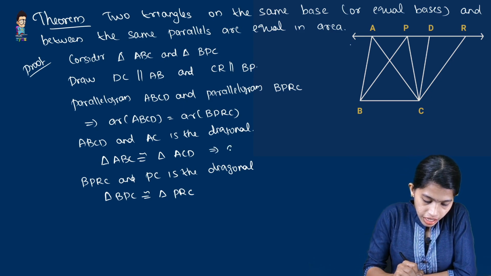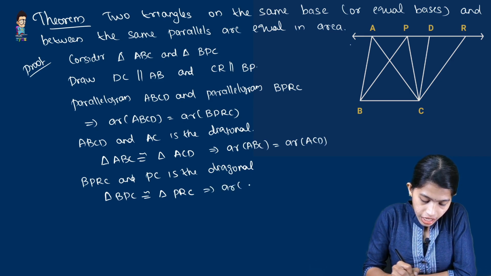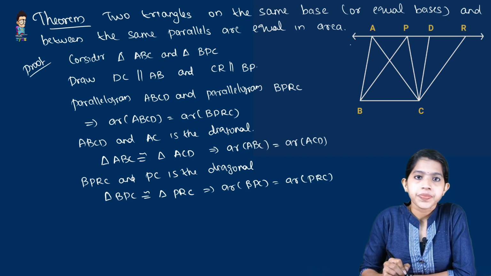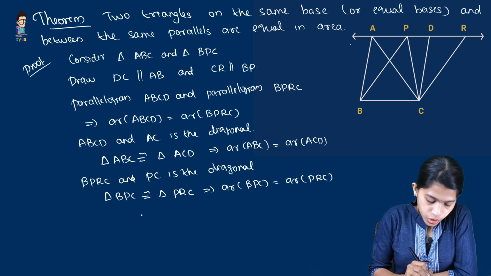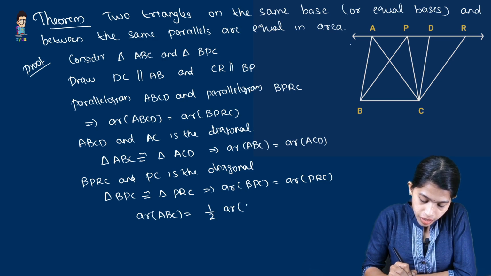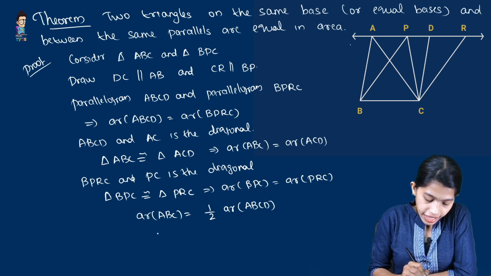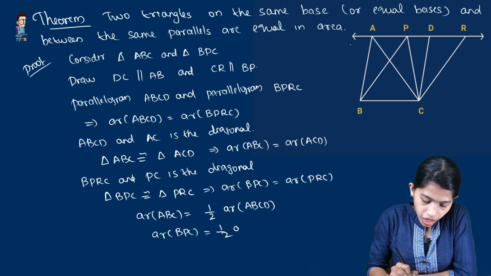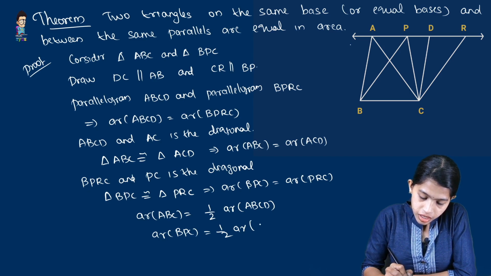This implies that area of ABC is equal to area of ACD and area of BPC is equal to area of PRC. From this we can also write area of ABC is equal to half the area of the parallelogram ABCD, and area of BPC is equal to half the area of the parallelogram BPRC.